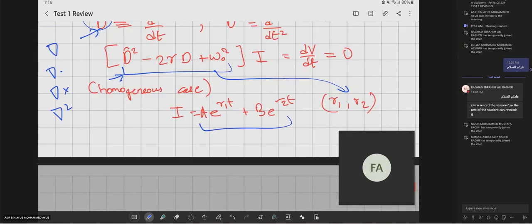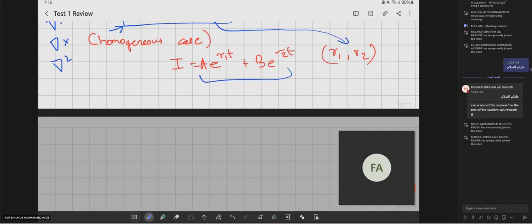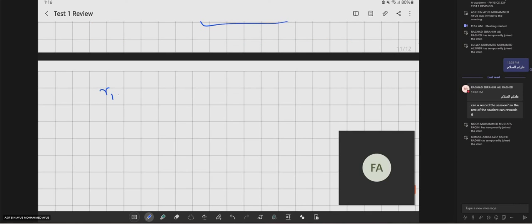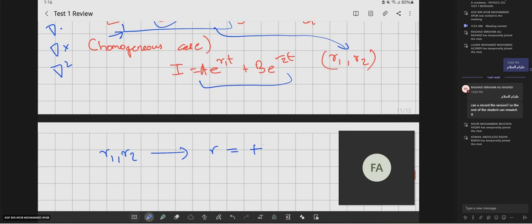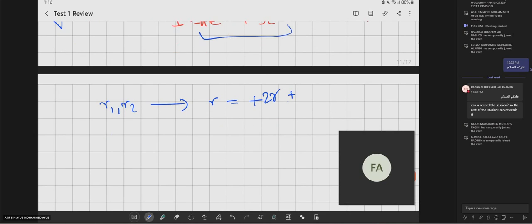Okay, so in this case, what will my solutions be? r1 and r2, I'll find them using the quadratic formula. So r will be minus 2 gamma, plus or minus the square root of 2 gamma the whole squared minus 4 omega naught squared, the whole thing divided by 2.